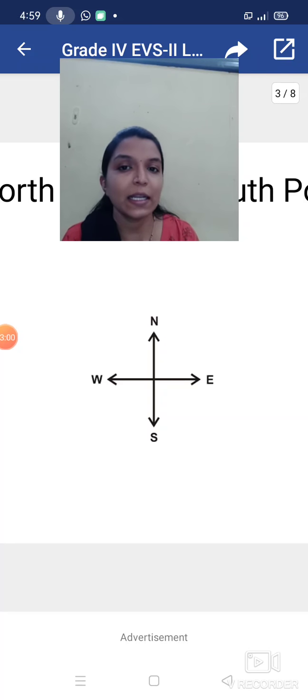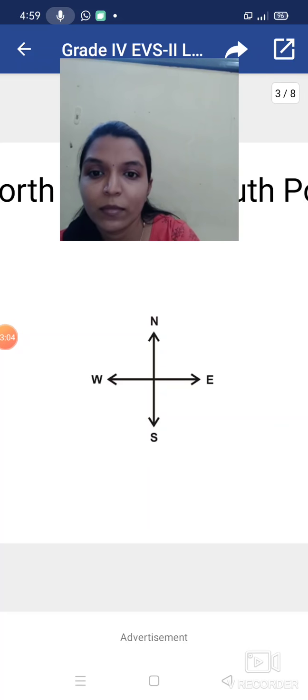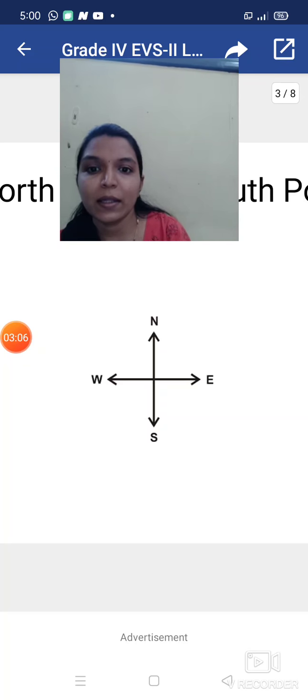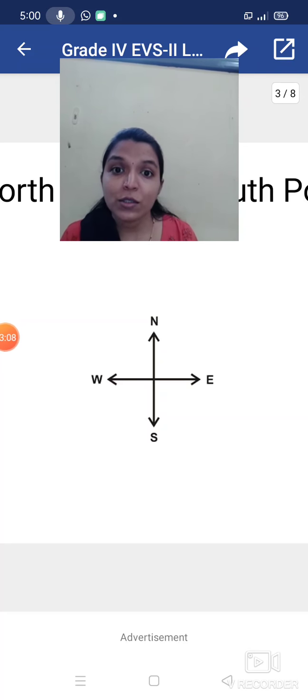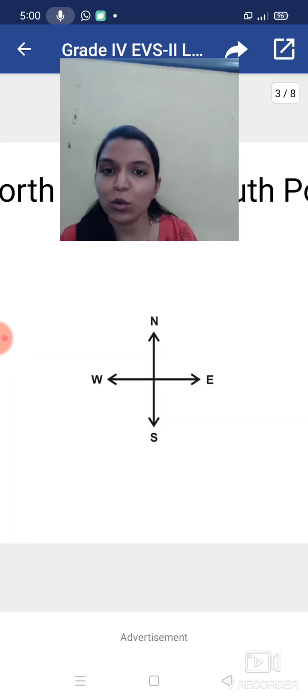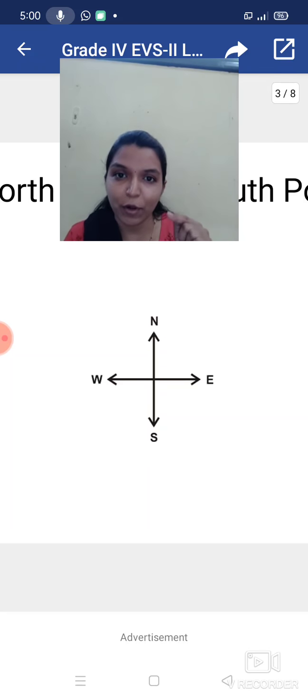Yes, it's correct, it is the south pole. And then east, west. In the south direction, the end point at the bottom is the south pole, and for north it is the north pole. It is indicated by N and S.